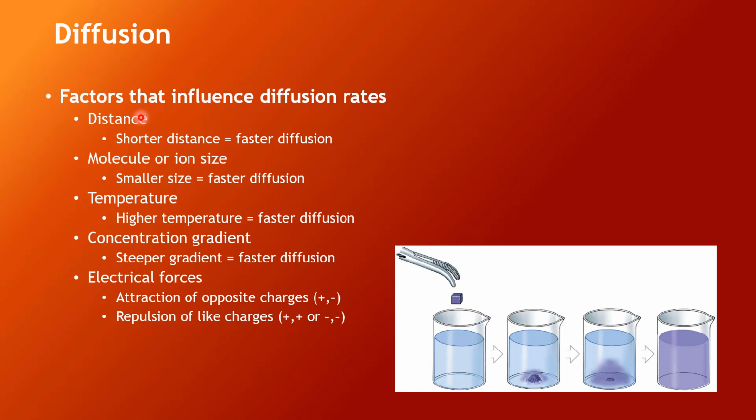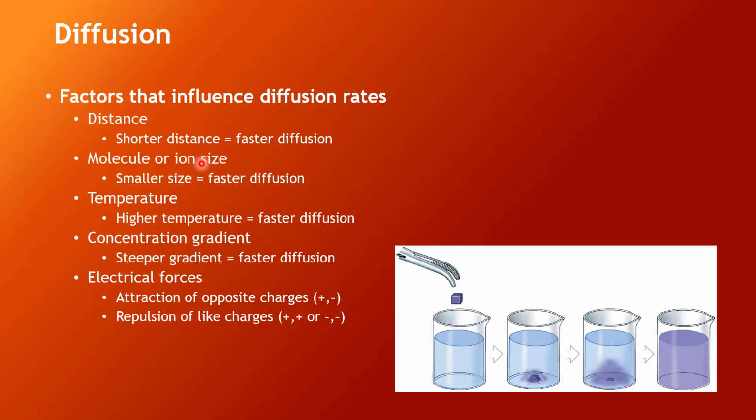The distance will affect diffusion. Shorter distances equal faster diffusion. In your respiratory membrane, the gases are going across a membrane that's less than a micron, half a micron in distance. Molecule or ion size affects diffusion.